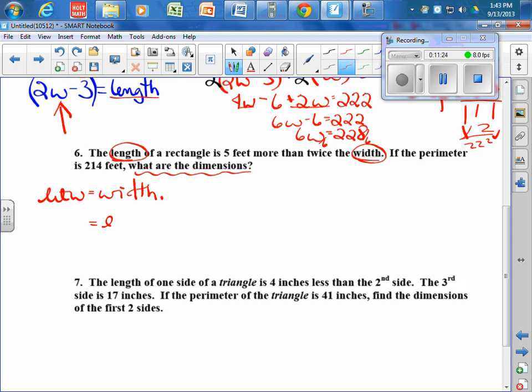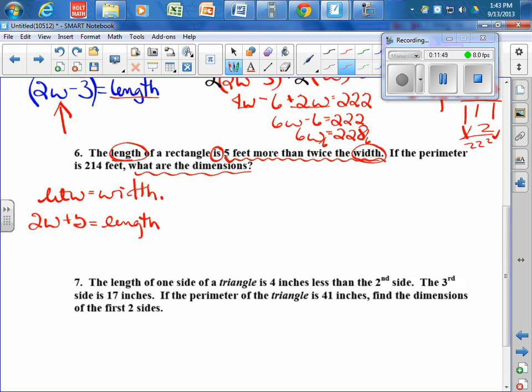I have the word length for my other unknown. Now I need to write an algebraic expression for the word length. The length is 5 feet more than twice the width. Well, what's twice the width? That would be written as 2W. What's 5 more than that?